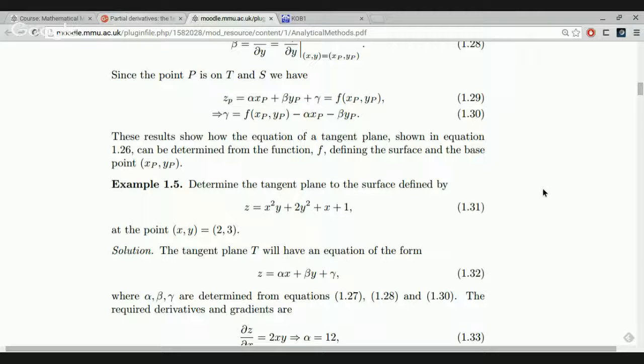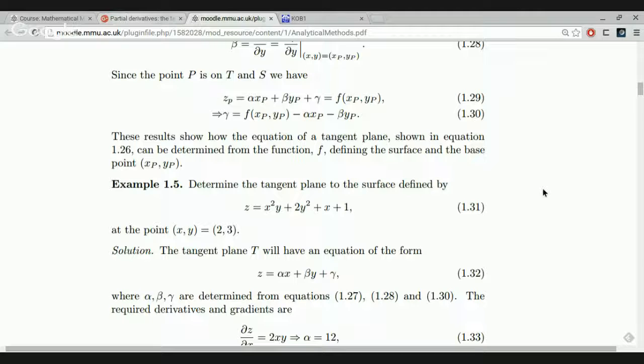So alpha is this derivative evaluated at the base point xp, yp. So xp is 2, yp is 3. If we put those in, it's going to be 13. So alpha is 13. We can determine the coefficient alpha.